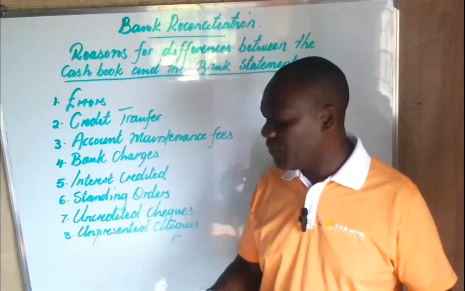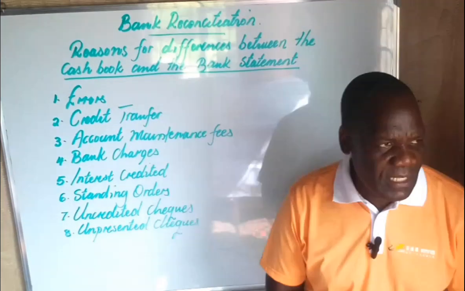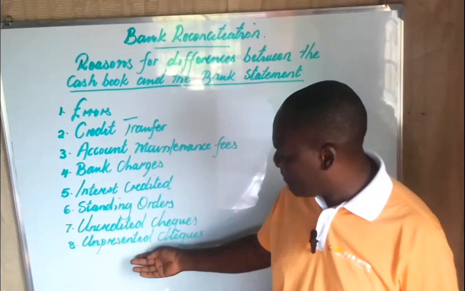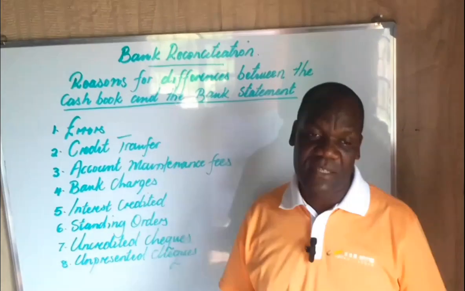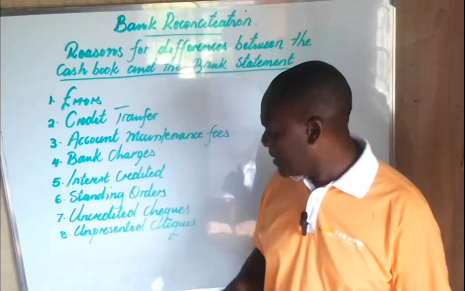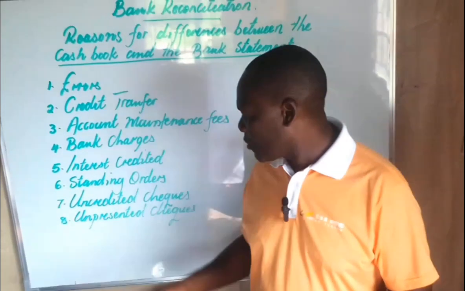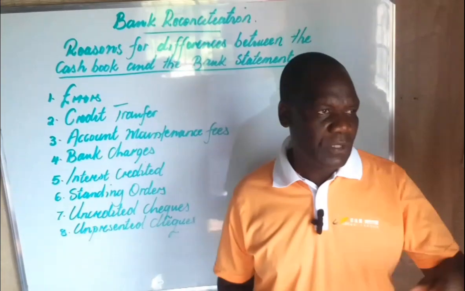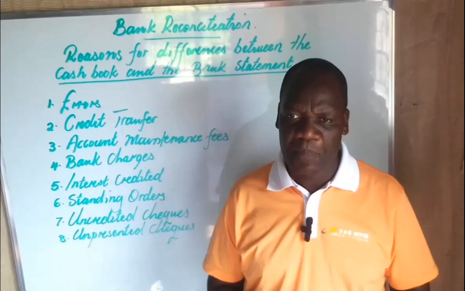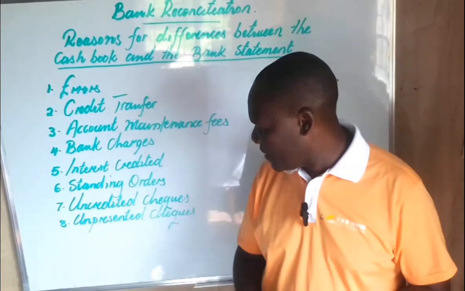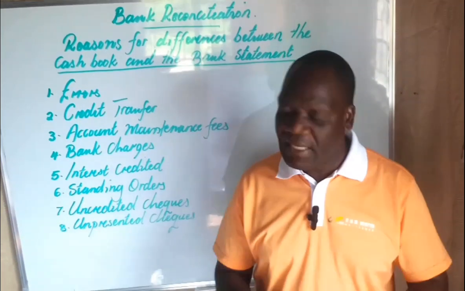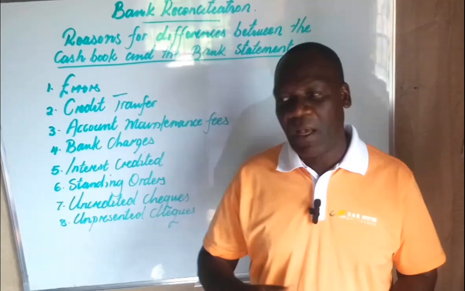They are deposited in the bank at a later date. While the company that prepared these checks will have entered them in the cash book, expecting that the bank will automatically transfer the money to the addressee or the company that is supposed to receive this money. And yet this company that received these checks has just kept the checks in the drawers until the month end.